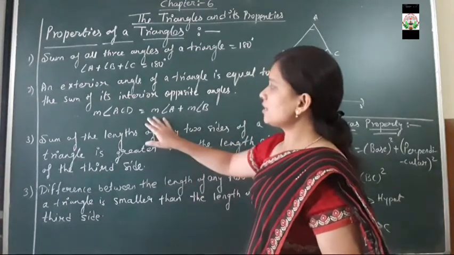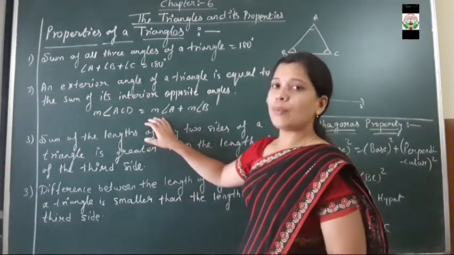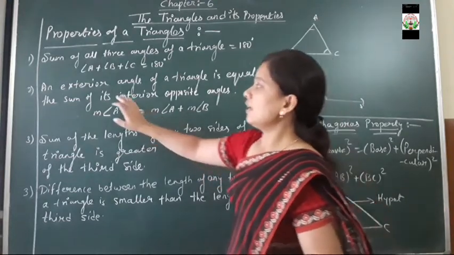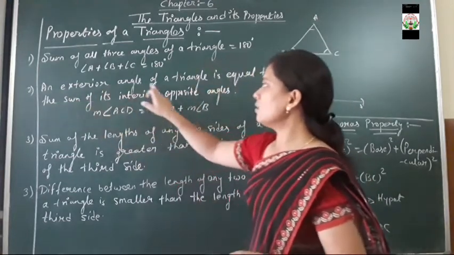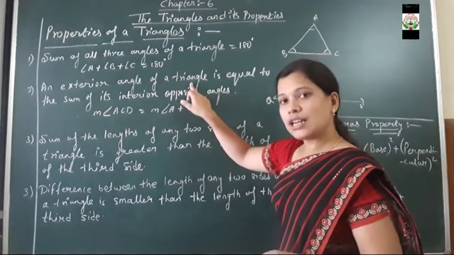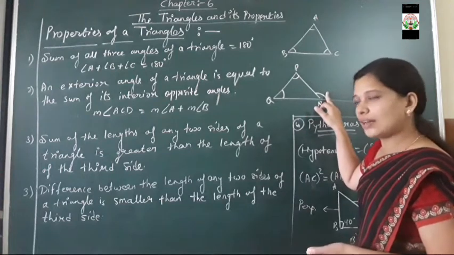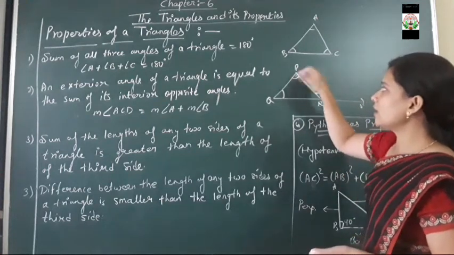Next, one of the most important properties which is applicable for the exercises in this chapter says that an exterior angle of a triangle, that means the angle which is created outside of the triangle, is equal to the sum of its interior opposite angles. Here also we can create an exterior angle.